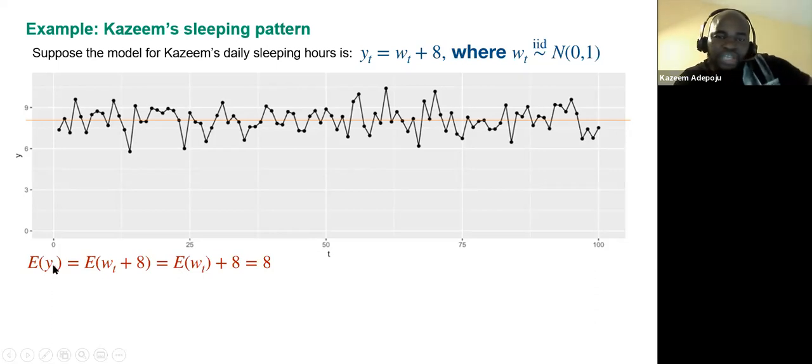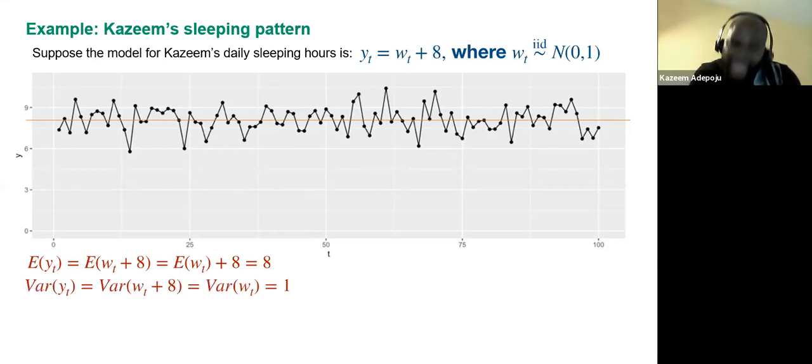It means the daily sleeping hours, on average, I'm going to sleep for 8 hours. That is what it's trying to say. I'm talking about the number of hours that I sleep in a day. Does that make sense to you now? That's exactly what I investigated over 100 days.